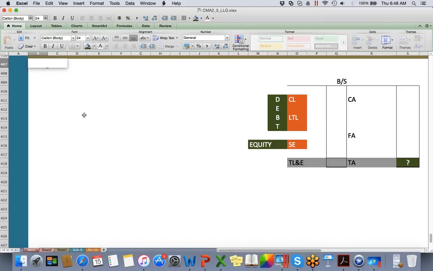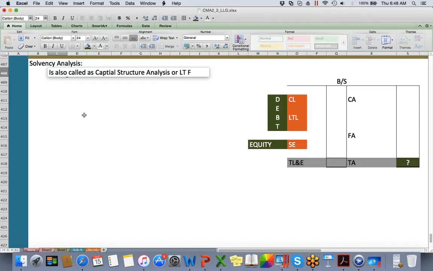Solvency analysis is also called capital structure analysis or long-term financial analysis.